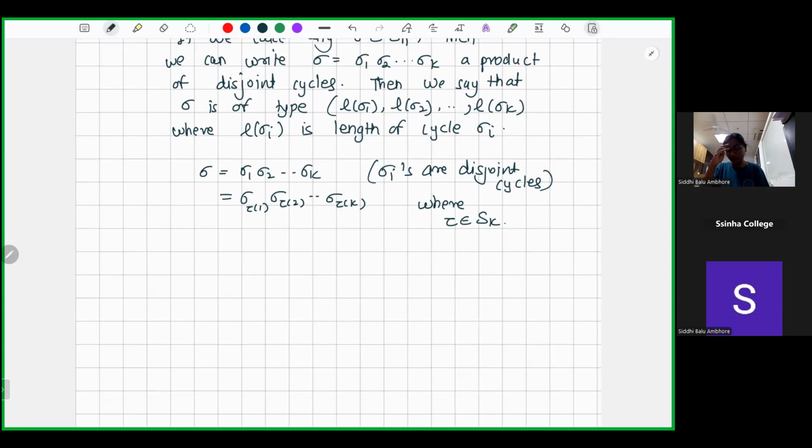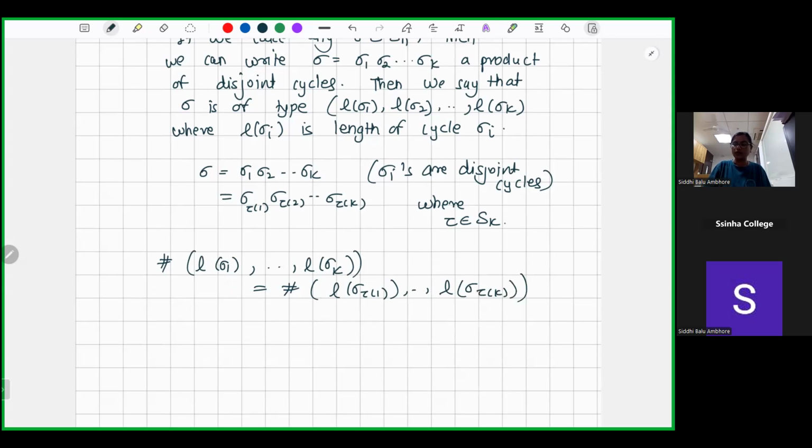In short, the lengths L sigma 1 to L sigma k are the same as those of L sigma tau 1 to L sigma tau k, and so on.